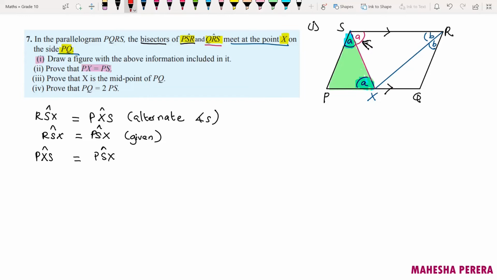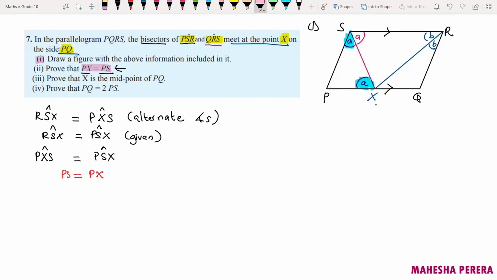If you consider this angle, what is the opposite side? It's here, PS, right? And if you consider this angle, the opposite side becomes PX. So definitely you can say PS equals PX. Here in the question it says PX equals PS. So same, PS equals PX, right?